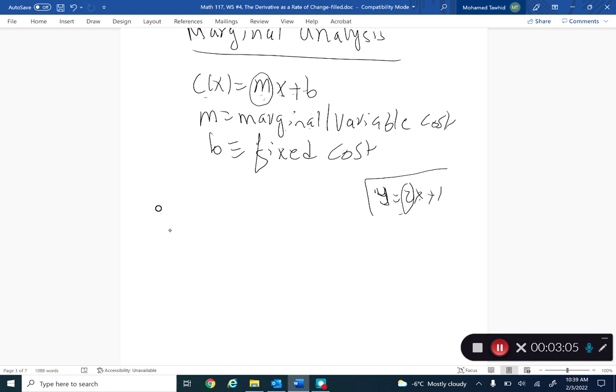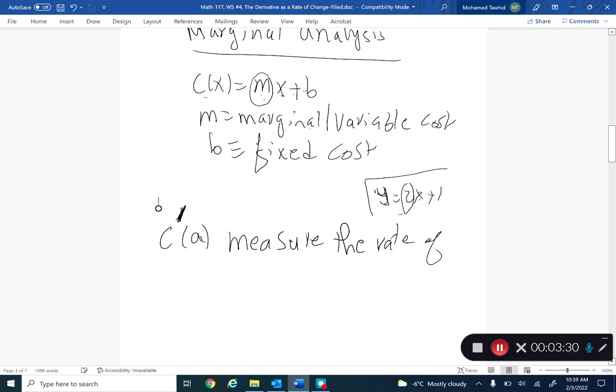So our slope or the derivative here, guys, I write the derivative. C prime, that is, if you have nonlinear at a, what is your a? x equal a. What is x? Number of items or number of products. When it equals, say, a here is a number, then that is a measure of the rate of change. I'm going to give you an example of this.